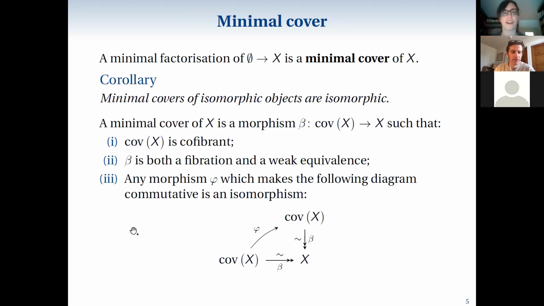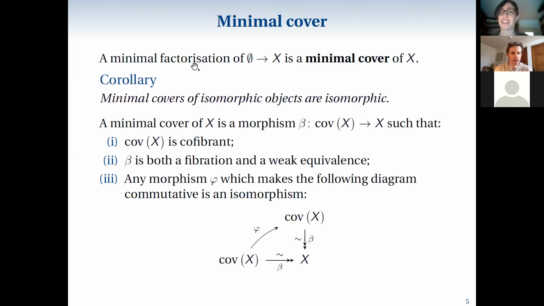Oh, it's here. So it's a cover, not a minimal cover. I guess this is a question, because here I have a minimal cover. I'm not sure. Maybe she's asking what's the definition of a minimal cover. Okay, so the definition of a minimal cover is here.